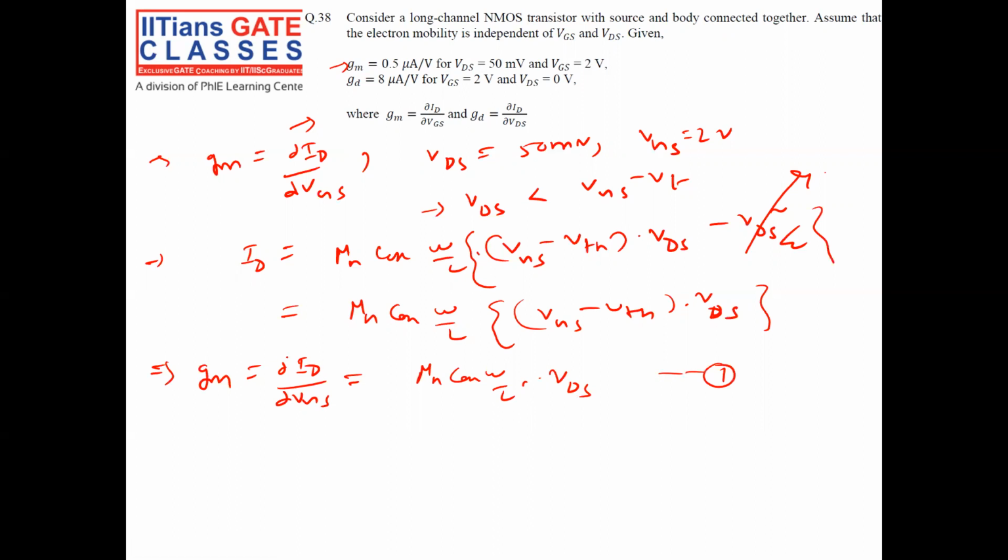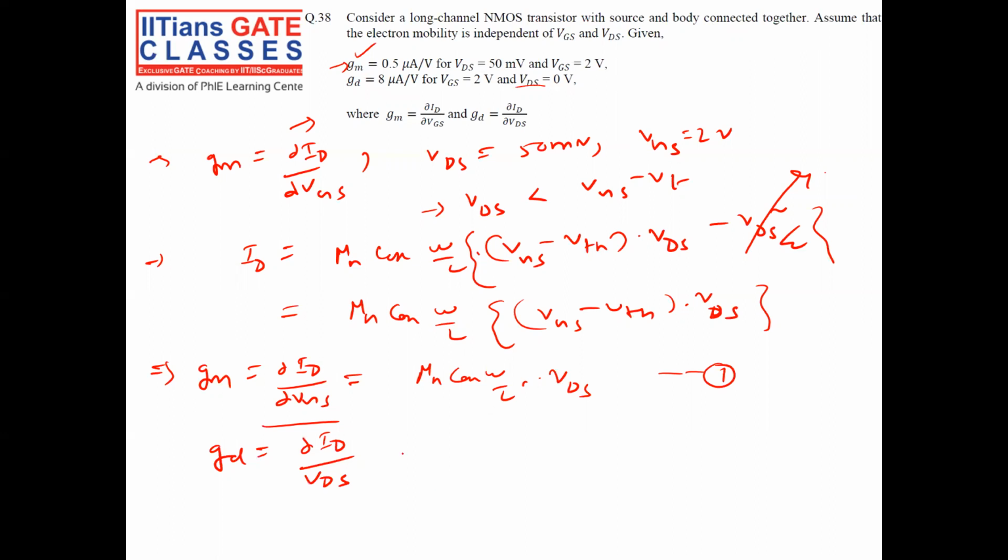This is my GM already given in the question. The second thing is, it is given GD, dID by dVDS. When VDS equal 0 volt, definitely we are in linear region.